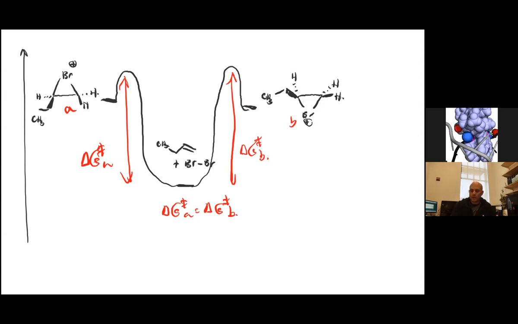The simpler answer is that anytime you start with an achiral reagent and an achiral starting material, you get a racemic mixture of products. That is basically capturing this notion that you're going to form all of these enantiomeric intermediates and transition states, and the energies are identical. And so there's no preference for one or the other.